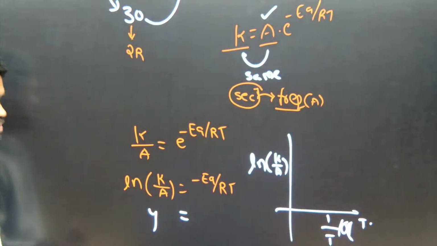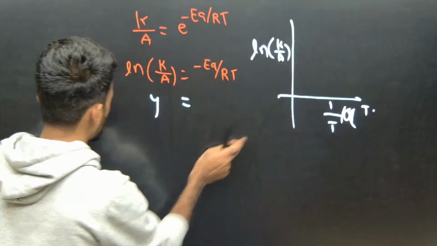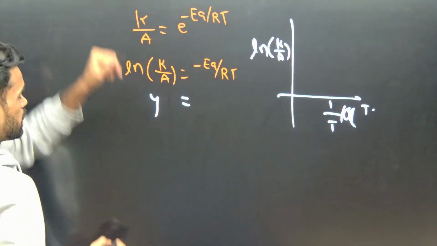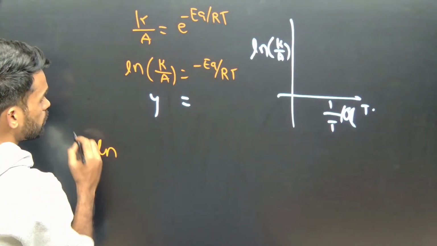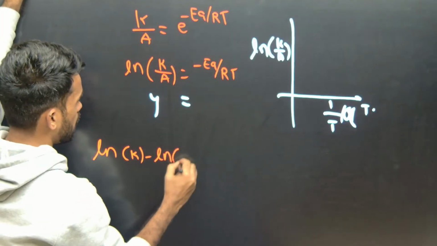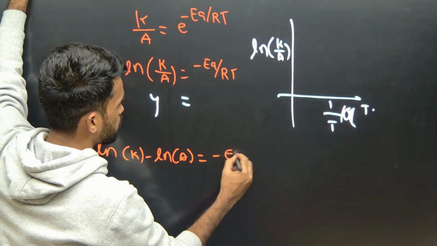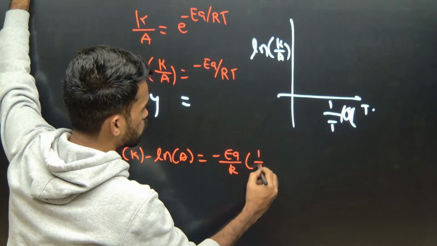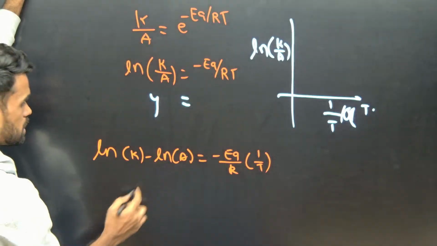All these discussions were completed in yesterday's discussion. And next, you can write ln K minus ln A is equal to minus Ea by R into 1 by T. I have a question on this, I will show you now.